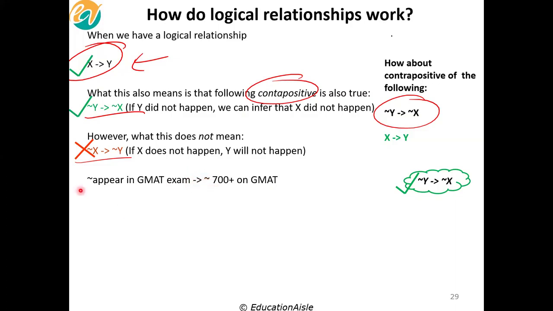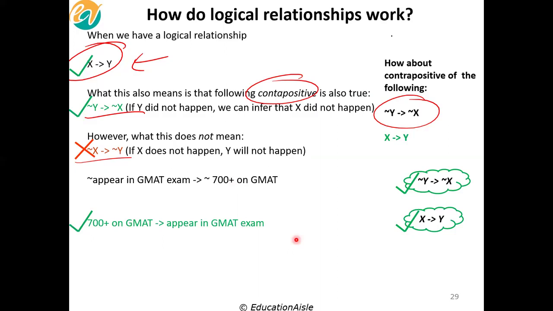Now, given this relationship, which is true, the contrapositive will always be true. Can someone tell me what will be the contrapositive of this? Very nice. If a person has scored 700 plus on GMAT, it means that 100% that person has appeared in GMAT.